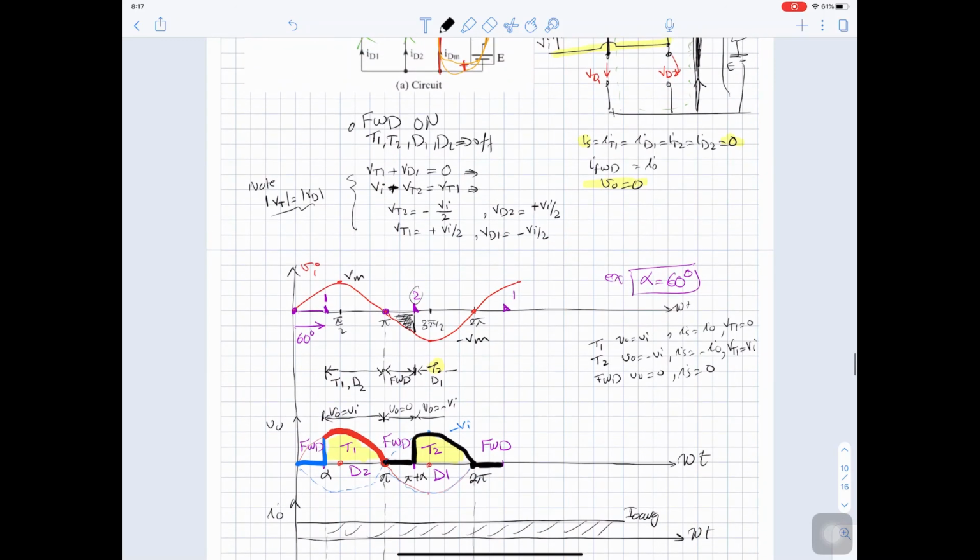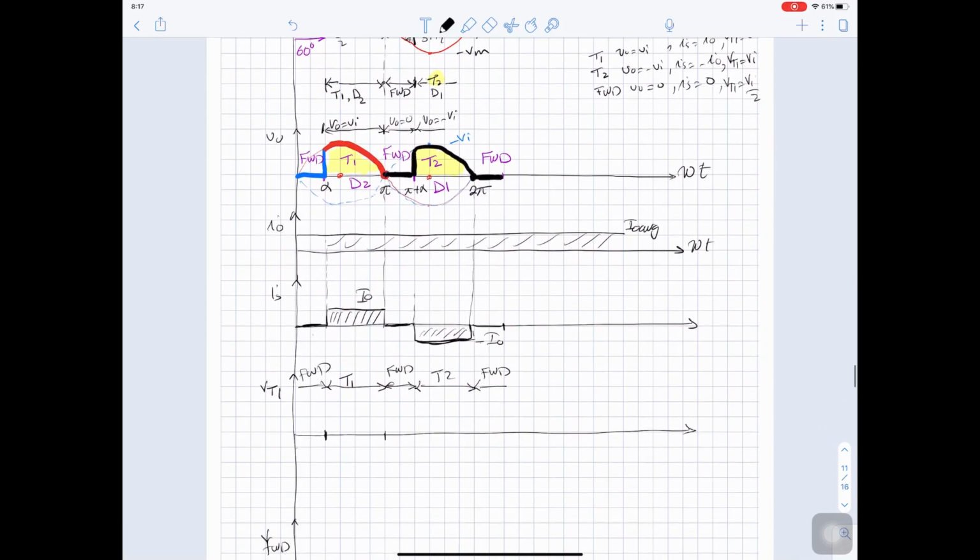And the last case here, V thyristor 1 equals Vn over 2. So when we have thyristor 1 here, the voltage is 0. When we have the freewheeling diode, it's Vn over 2. When we have thyristor 2, it's Vn, then Vn over 2, then Vn over 2. I'm just writing down what I'm going to sketch for V thyristor for each period.